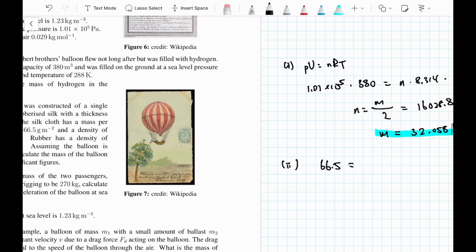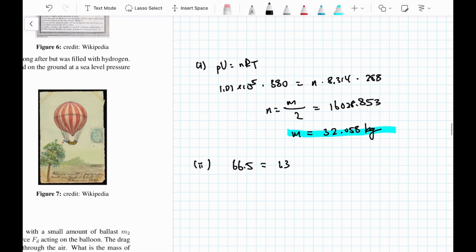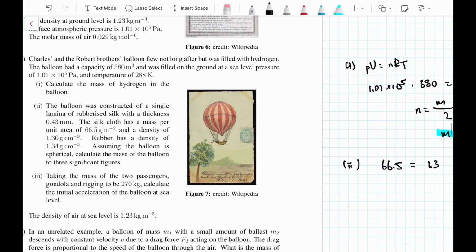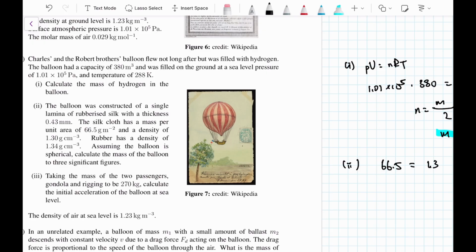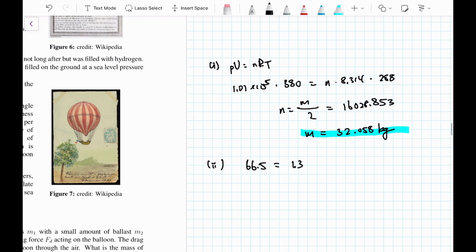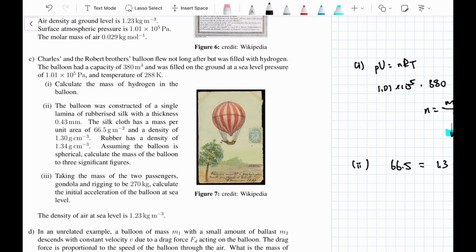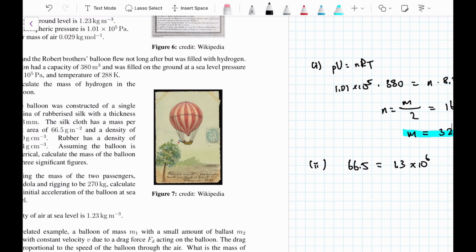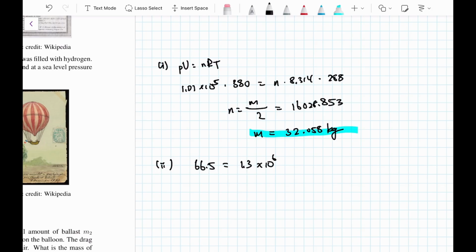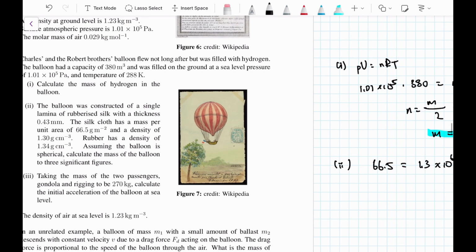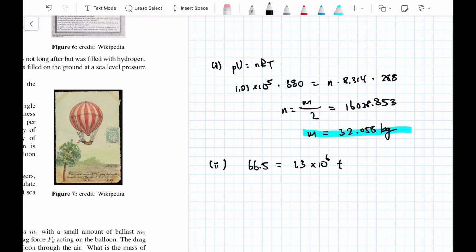1.3 multiplied by thickness. Now in this case that's per cubic centimeter, so therefore you have to multiply it by 10 to the 6th to get it into cubic meters, and then it's multiplied by the thickness of the silk.